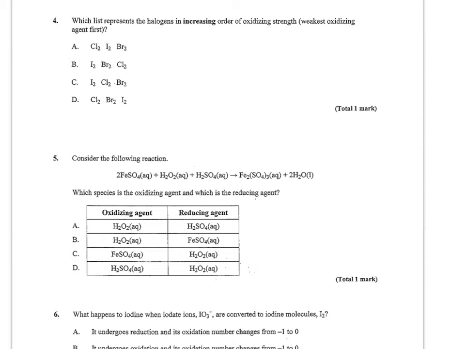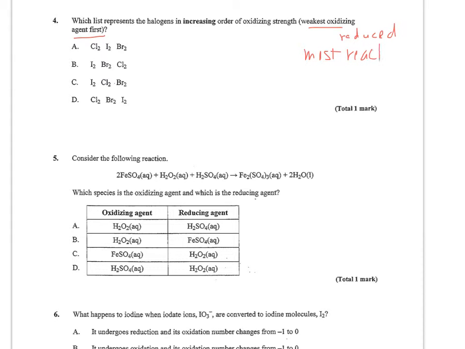Number 4, you have to think about this a little bit. It says, which list represents the halogens in increasing order of oxidizing strength, weakest oxidizing agent first? So oxidizing agent means it's going to be reduced, which means gaining electrons. So for halogens, gaining electrons is a good thing. So that would be most reactive. The most reactive halogens will gain the electrons.